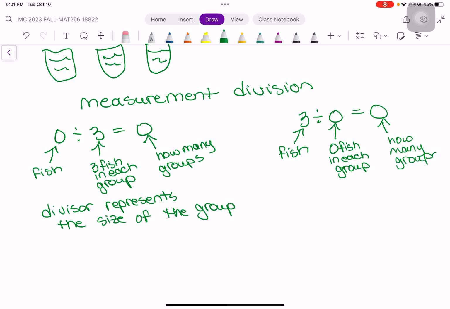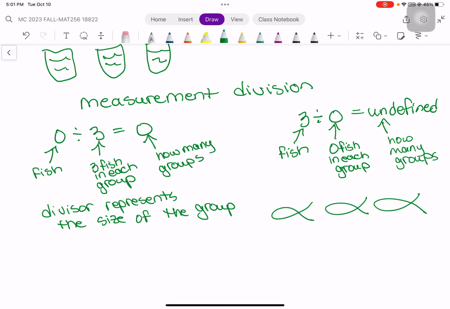It's still measurement division because the divisor represents the size of the group. So this time I have 3 fish. I want 0 fish in each group. Sorry, this was undefined.